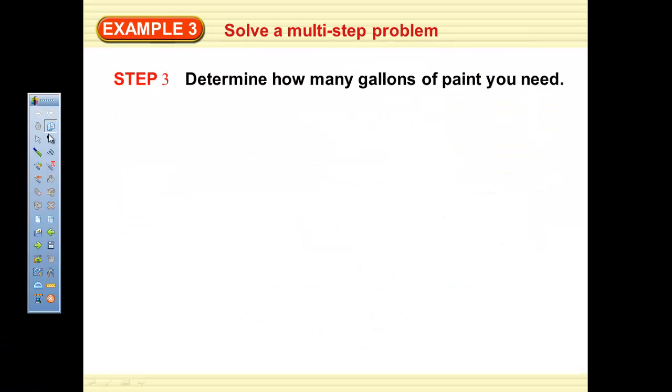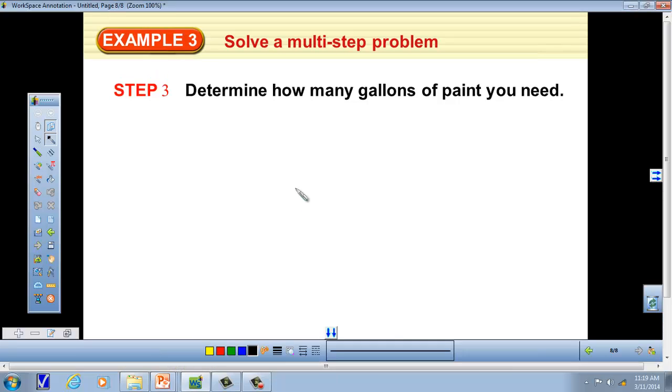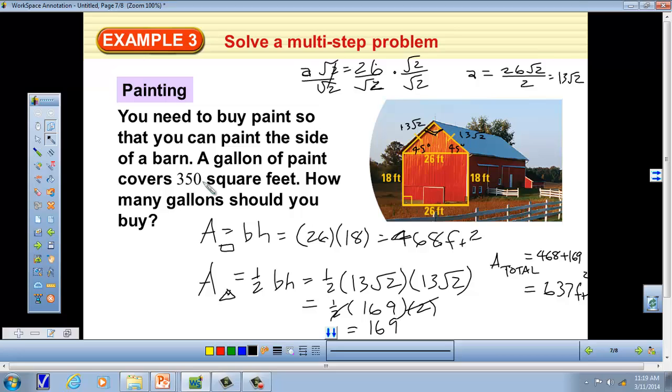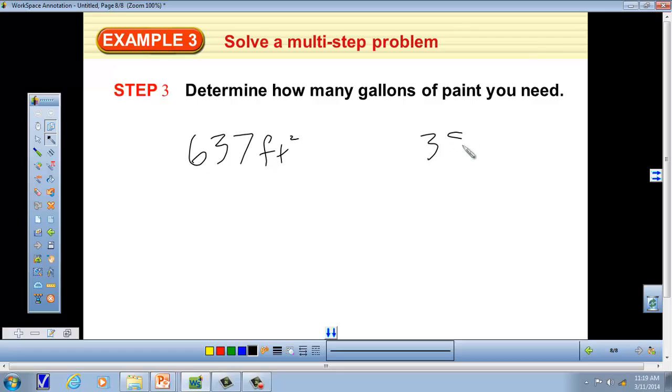And we want to figure out how many gallons we would need. Well, we know it's 637 square feet, and from what I remember, 350 square feet per gallon.